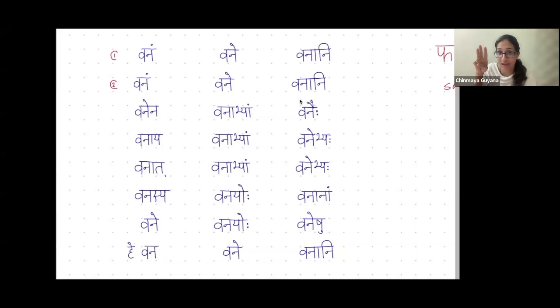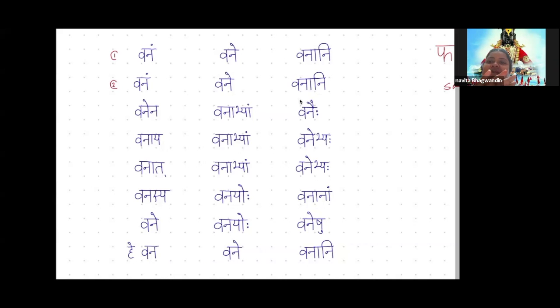Vanena, vanabhyam, vanaihi. Vanaya, vanabhyam, vanebhyah.